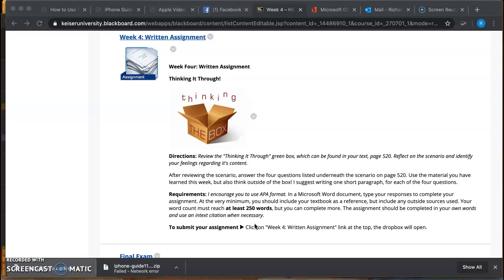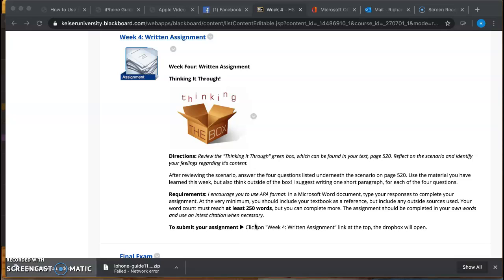Written assignment. You do have a written assignment this week. So the directions say review the Thinking It Through green box, which can be found in your textbook, page 520. Reflect on the scenario and identify your feelings regarding its content.